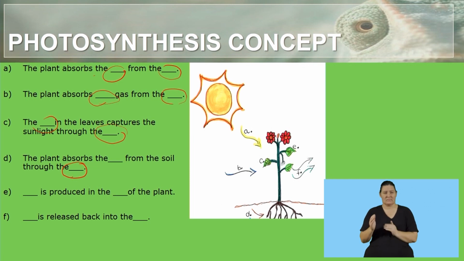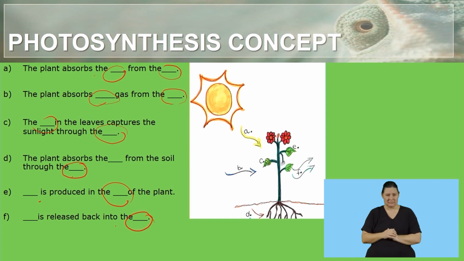Moving on to the next one. Well, this one starts with a blank. It says blank is produced in the, we have another blank, of the plant. So what is being produced in the blank of the plant? Interesting. Now let us look at the last one. Again, blank is released back into the blank.